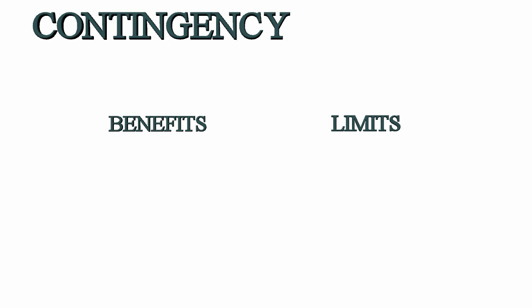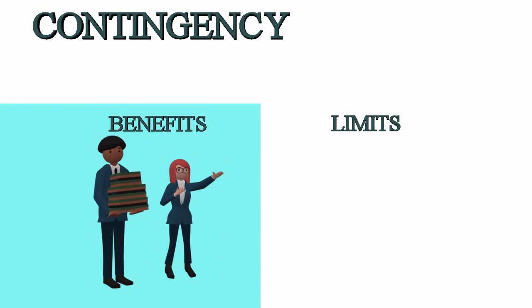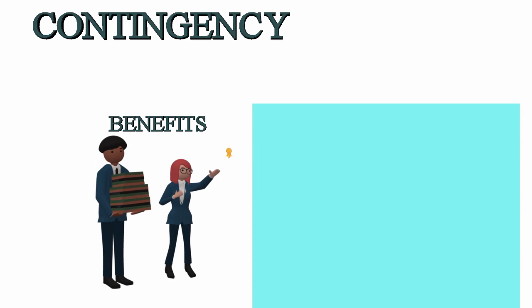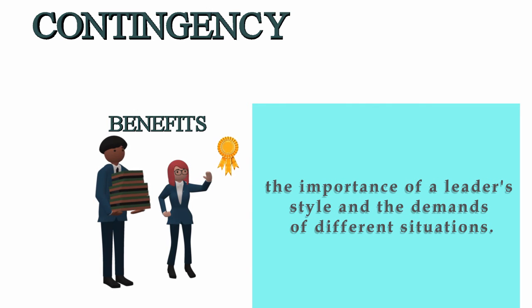What are the benefits and the limits of the contingency or situational approach to leadership? Contingency theory has broadened the scope of leadership understanding from a focus on a single, best type of leadership, to emphasizing the importance of a leadership style and the demands of different situations.